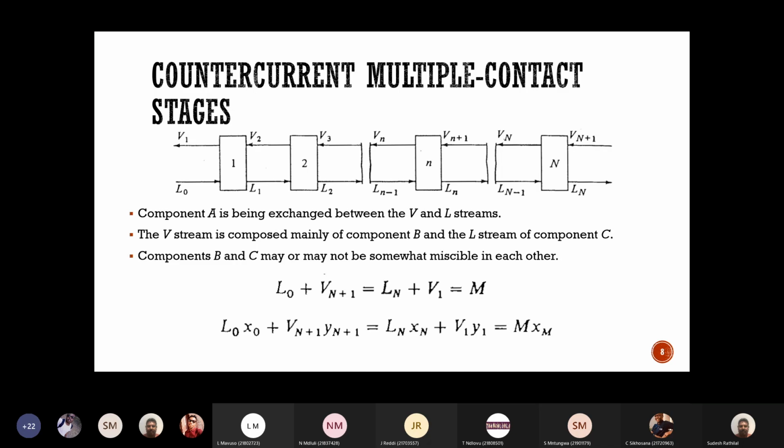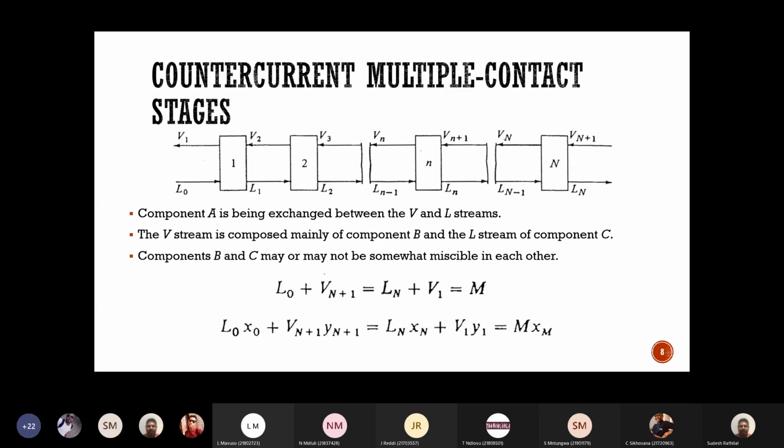The V stream is composed mainly of component B and the L stream mainly of component C. We assume that C and B do not mix. Only A, the solute, moves from the gas stream to the liquid stream. Components B and C may or may not be somewhat miscible in each other, but in our calculations we assume they are non-miscible.